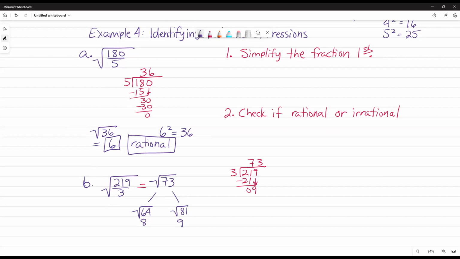And 73 falls between them. So 73 is not a perfect square, so that means it is what? Rational or irrational? Irrational. So if the number inside the square root is not a perfect square, it's irrational.